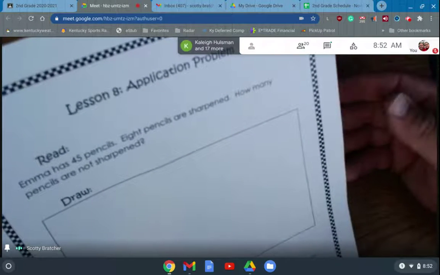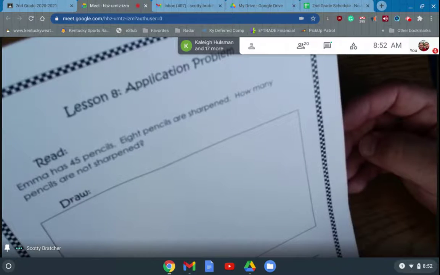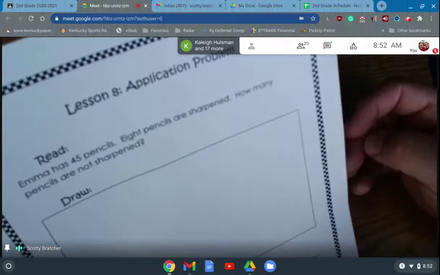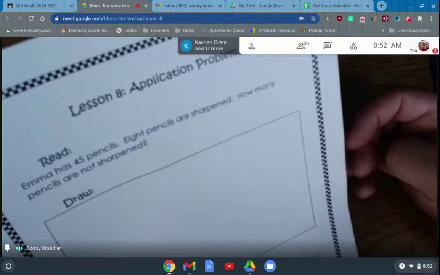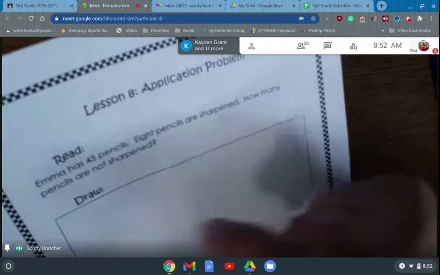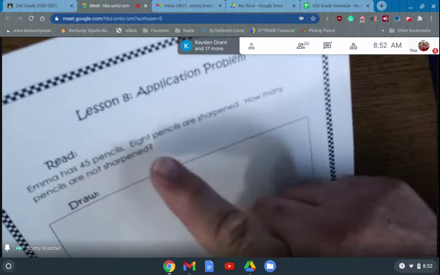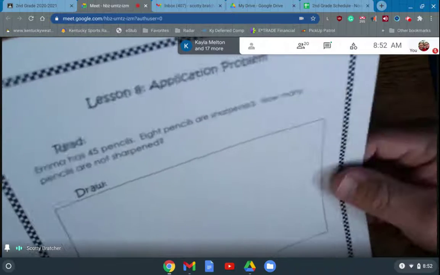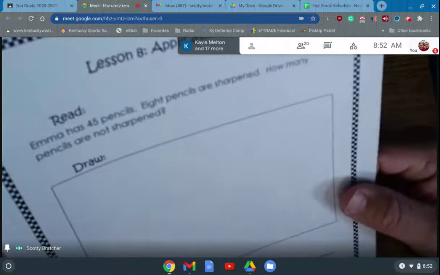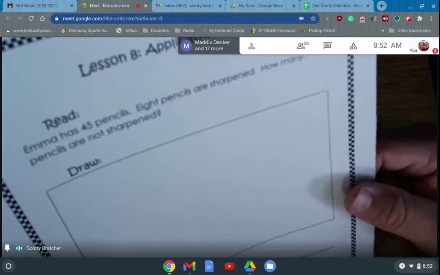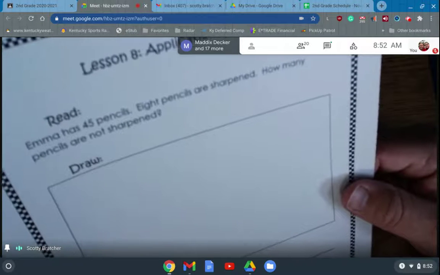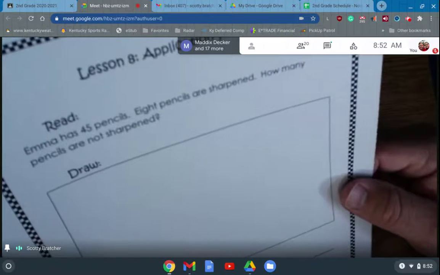But do I know how many she started with? Oh, I'm seeing some heads going up and down now. Did she start with 45 or did she start with 8? That's our two numbers we know right now. Which one did she start with? 45 or 8?